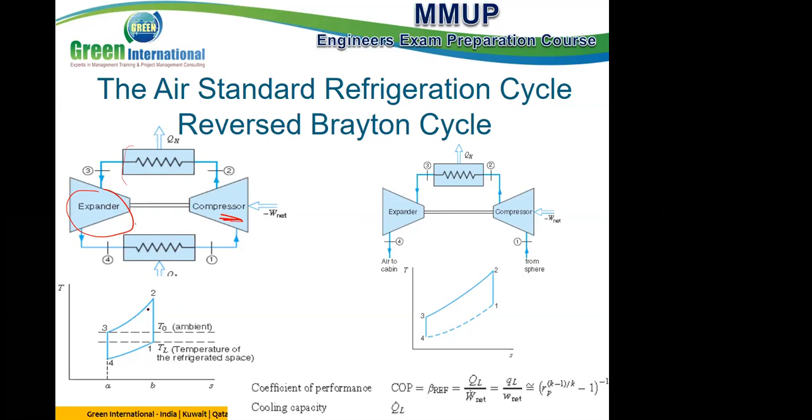We can represent it in a TS diagram. From 1 to 2, isentropic compression. From 2 to 3, Q added. From 3 to 4, the process for the expander, isentropic expansion. Then from 4 to 1, the evaporating point.